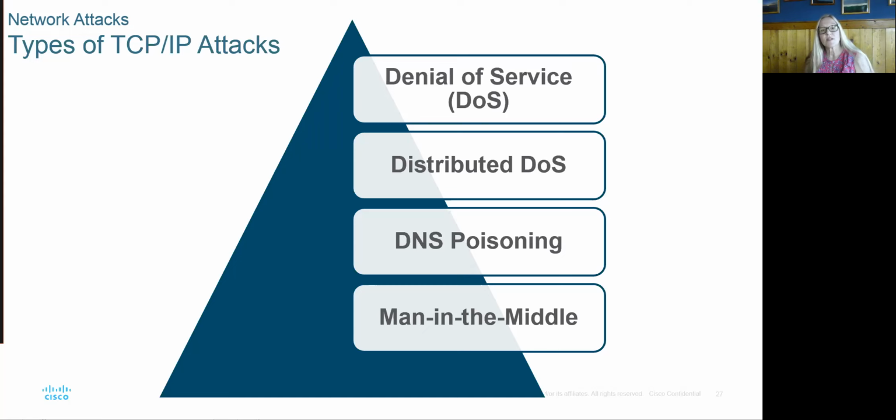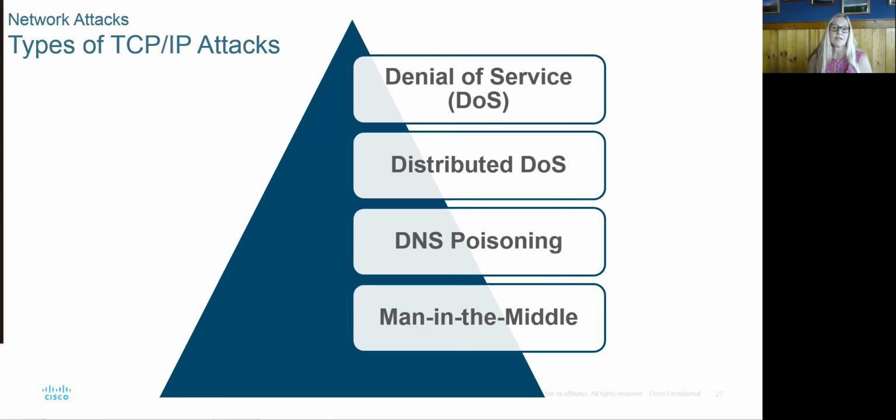So DNS poisoning is an attack where the attacker successfully infects a host to accept false DNS records, pointing to malicious servers, and then that can be replicated depending upon where in the DNS hierarchy it's initiated. And that's why it's really important to set up scavenging for your DNS records, which we'll learn in the security class, in the server class.